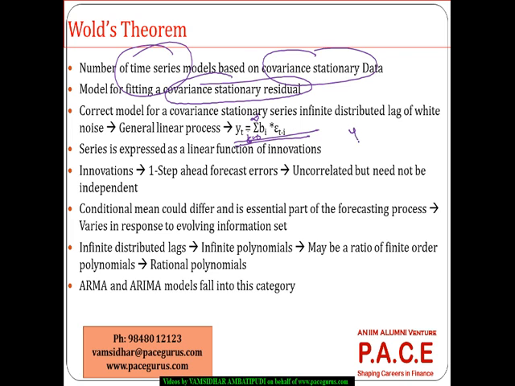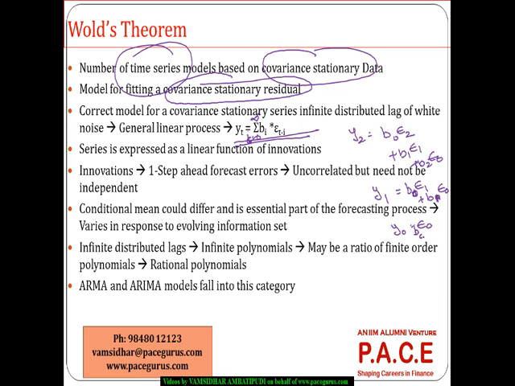Which means if I want Y2, it is as good as saying b0 times epsilon 2 plus b1 times epsilon 1 plus b2 times epsilon 0. Similarly, if I go for Y1, it becomes b0 times epsilon 1 plus b1 times epsilon 0. And Y0, the beginning Y0, I will be taking it as the same as epsilon 0.